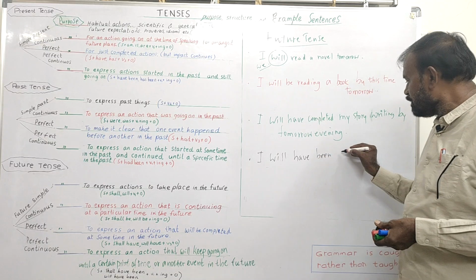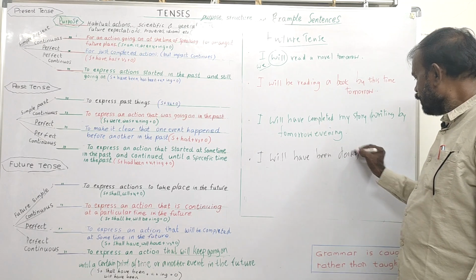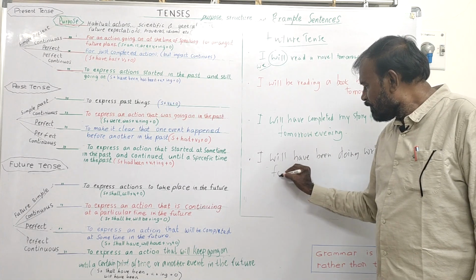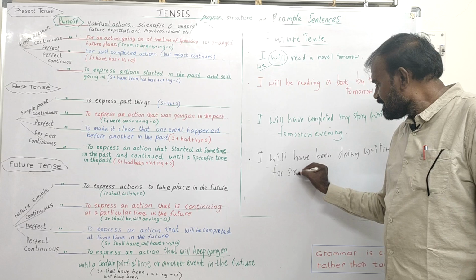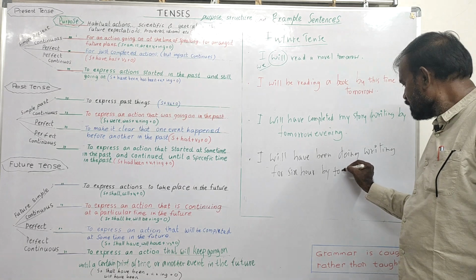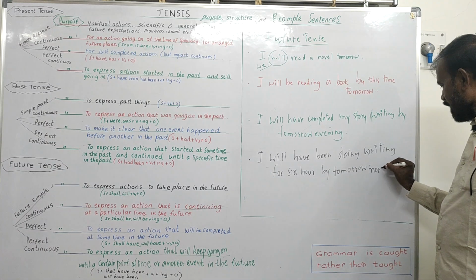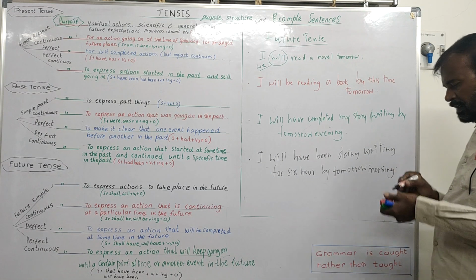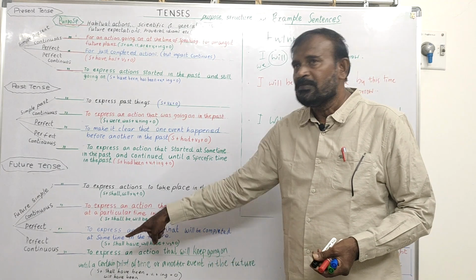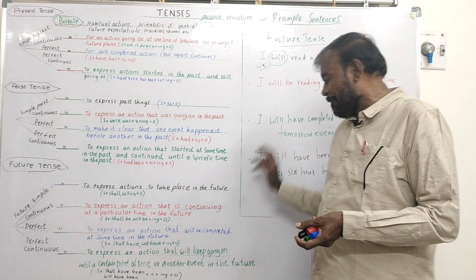I will have been writing for 6 hours by tomorrow morning. It is to express a thing that will keep going on until a period of time or until another event happens.